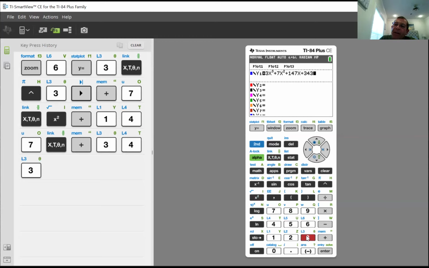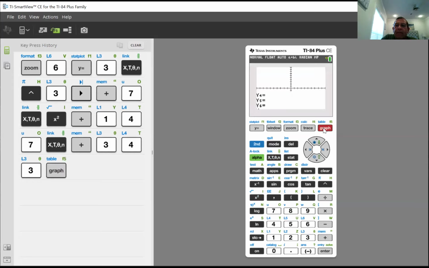So I'm going to graph it because I need to find where it's crossing the x-axis. So y'all watch this. When I hit graph, oh, y'all look at that. I can see where it crosses, but it's crossing in between the -2 and the -3.